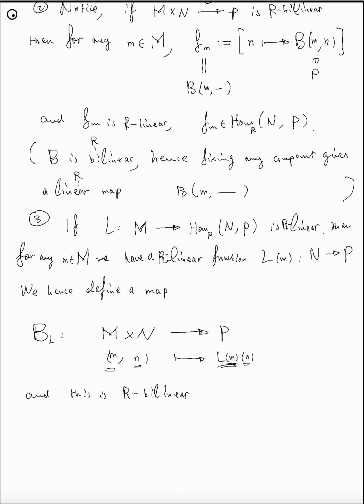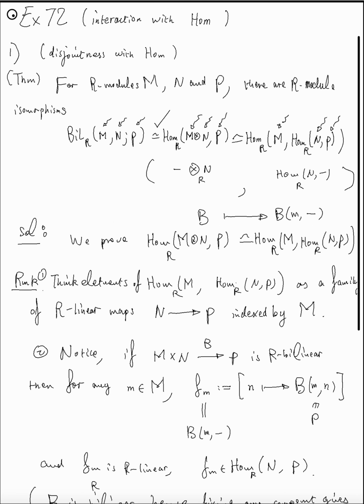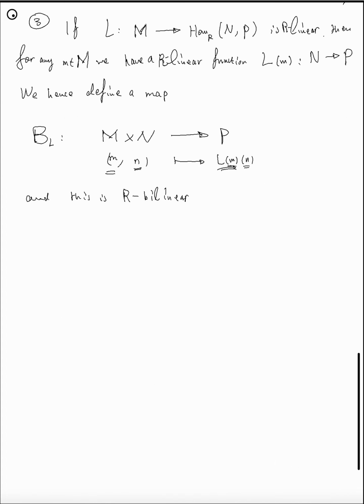So this is bilinear. And then it's just left to check that this gives you an inverse function. Start here, we constructed B_L. We just check these two morphisms are inverse to each other.